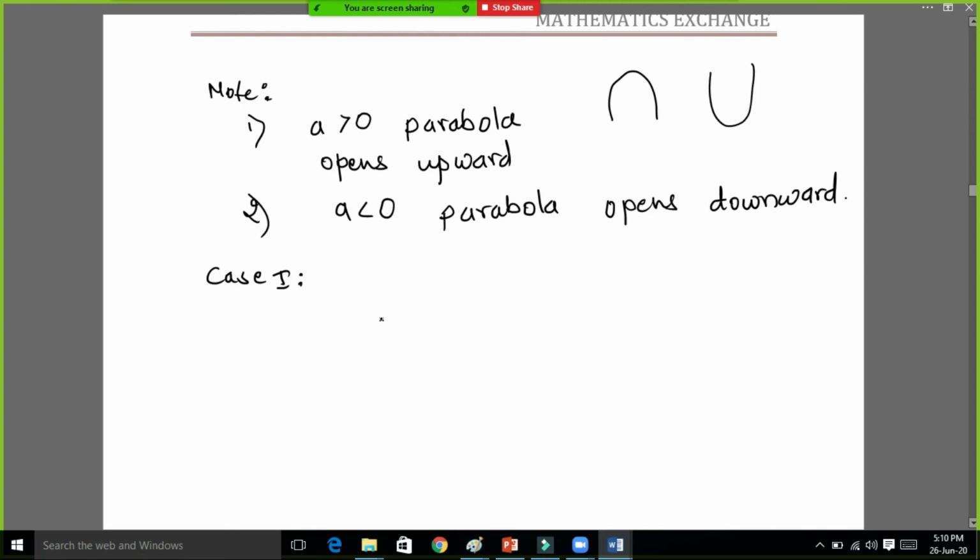Whenever a parabola touches or intersects the x-axis at 2 points, it has two distinct zeros. Suppose this is one of the graphs of a quadratic polynomial, a curve like a parabola that opens upward. Suppose this is the x-axis and y-axis, and observe that it touches the x-axis at these 2 points.